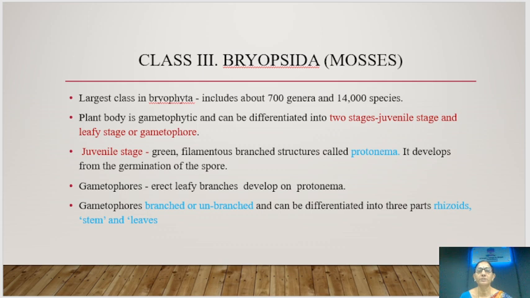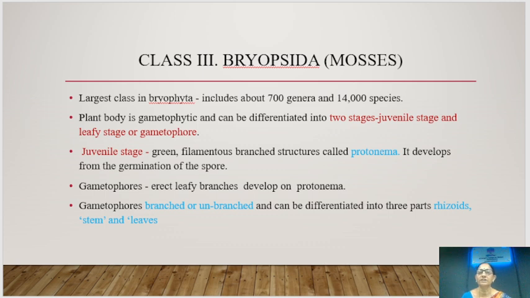Class Bryopsida, which is also known as mosses, is the largest class and has 700 genera and 14,000 species. The plant body of Bryopsida is gametophyte and is differentiated into 2 stages.